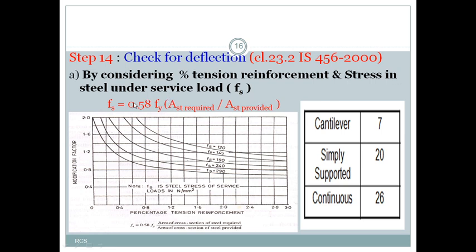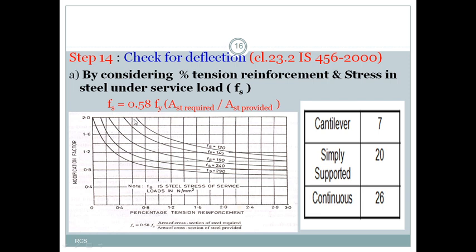The fs can be calculated using this formula. This formula will be available in your code also. This graph I have copied from your IS 456-2000. There also it is mentioned that fs equals 0.58 fy times area of cross section of steel required by area of cross-sectional steel provided. It is in the tension zone.